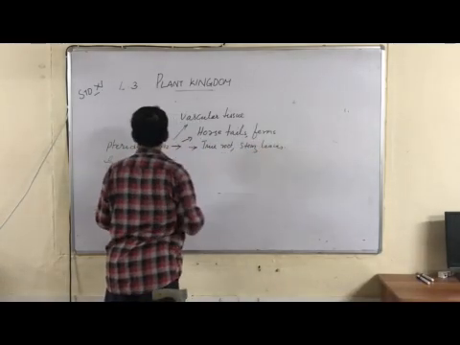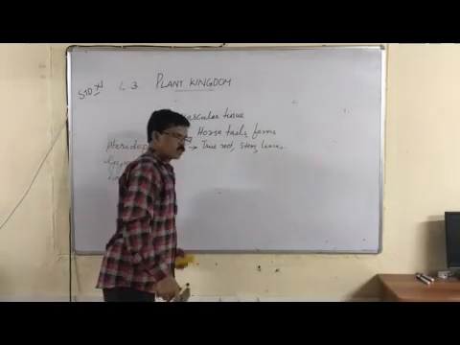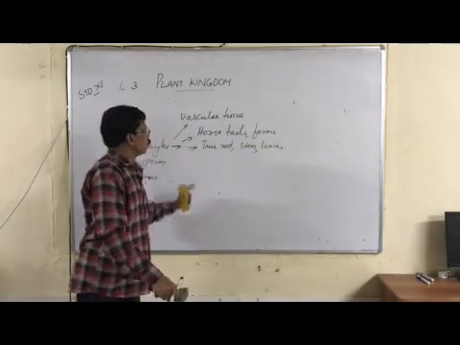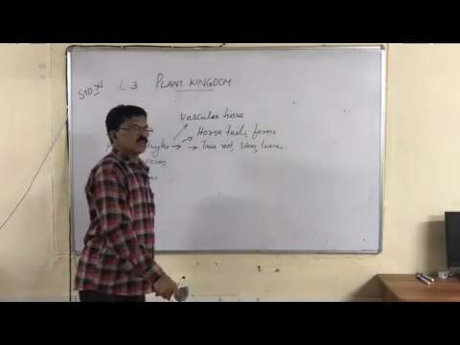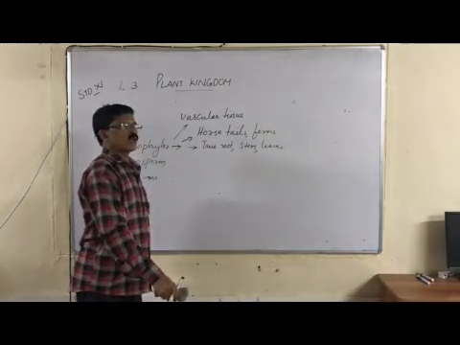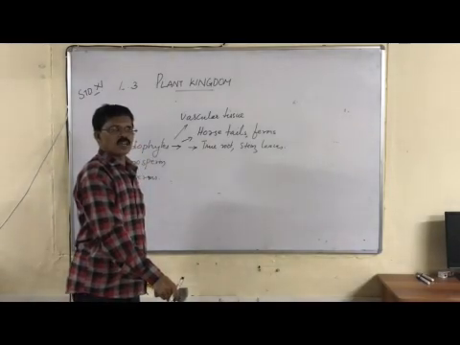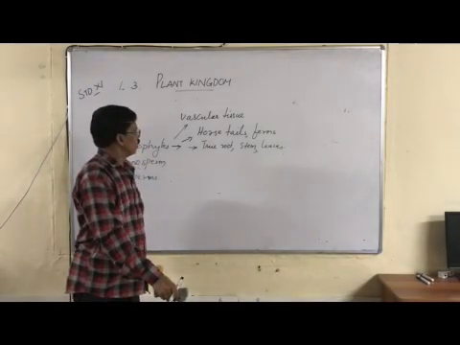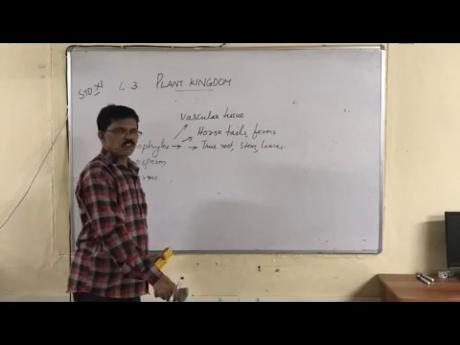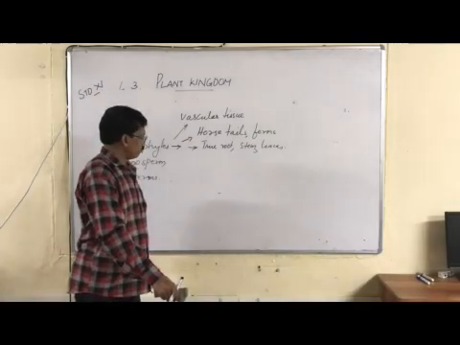So why are pteridophytes called advanced plants? Two reasons. They are the first land plants with vascular tissue, xylem and phloem. So far we have studied algae, fungi, bryophytes. There are no vascular tissues. Pteridophytes now possess vascular tissue for the first time.